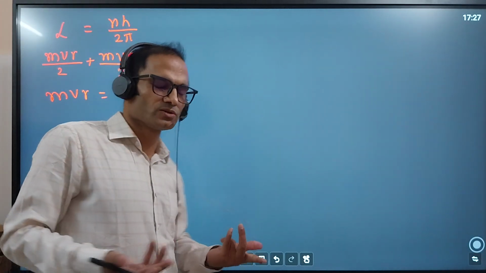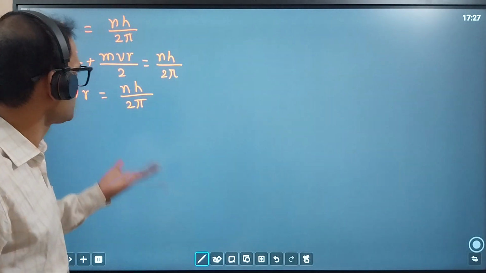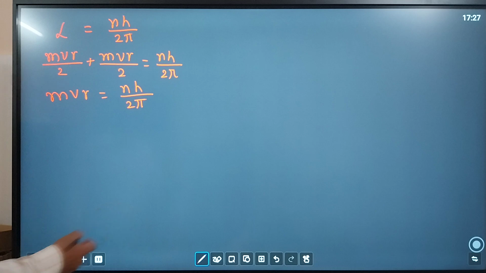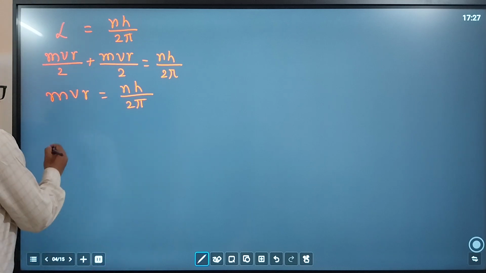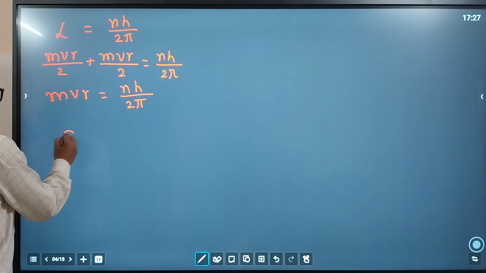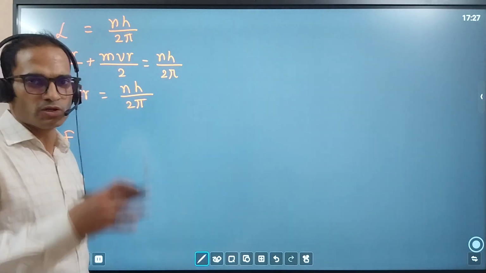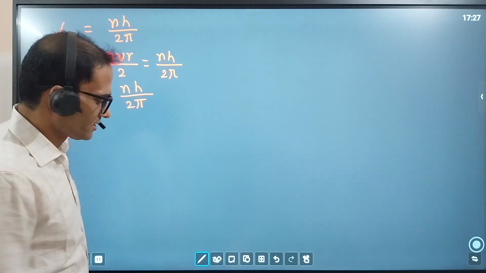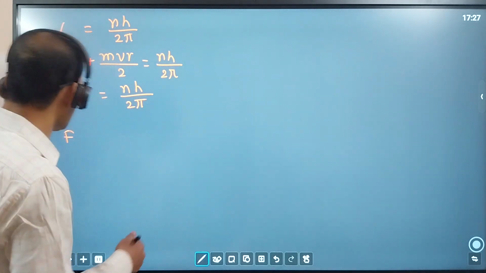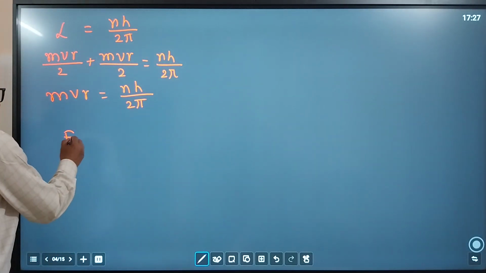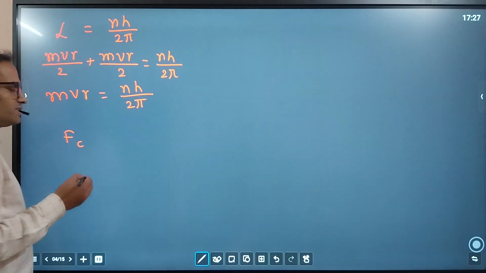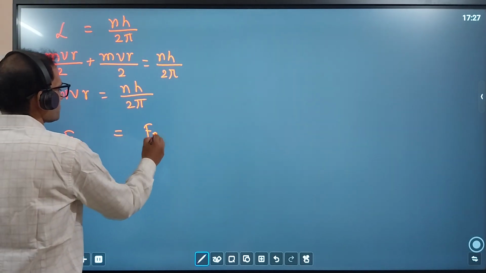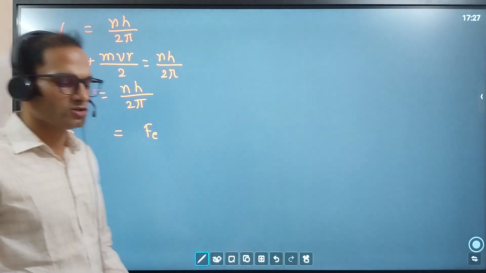The other equation comes from the fact that for the orbiting body we need some centripetal force, and this comes from the electrostatic attraction.